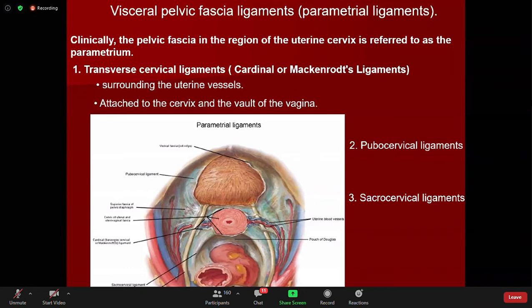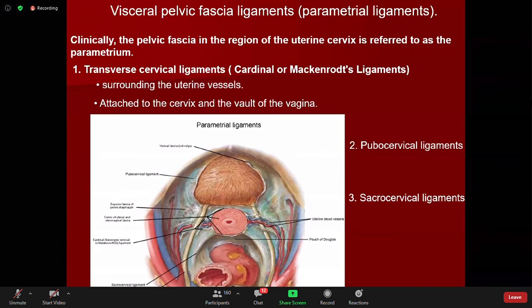So it separates between the organs and then it's going to fuse down with the fascia covering the muscles. Each muscle is covered, surrounded, wrapped by fascia. So this fascia between these organs is going to be fused with the fascia covering the muscles of the pelvic floor and the pelvic walls. Okay, this is pelvic fascia.